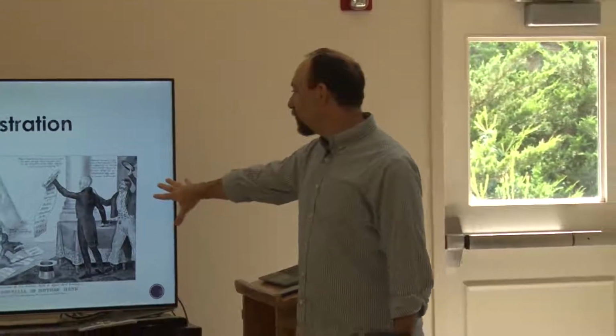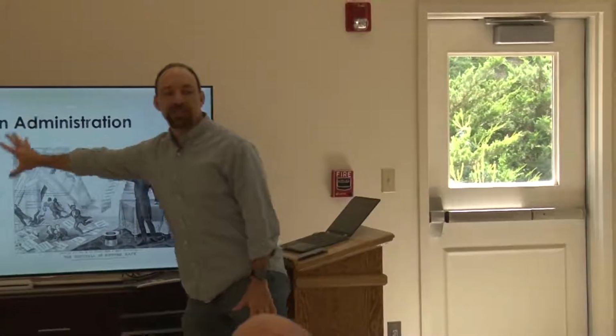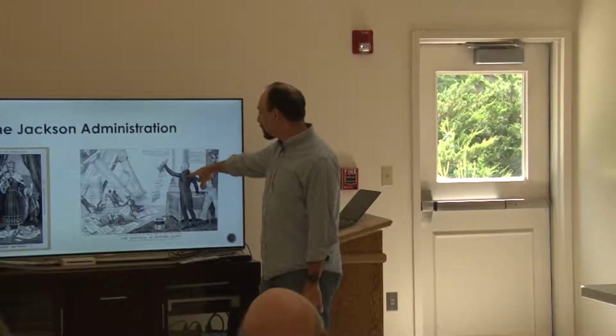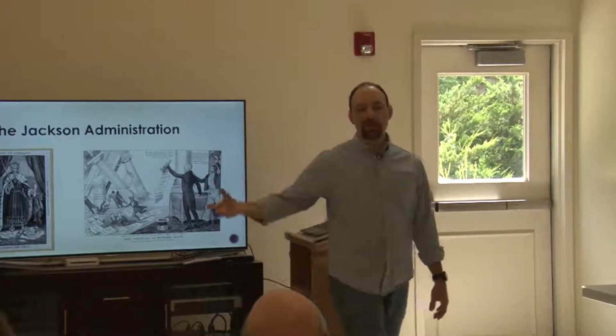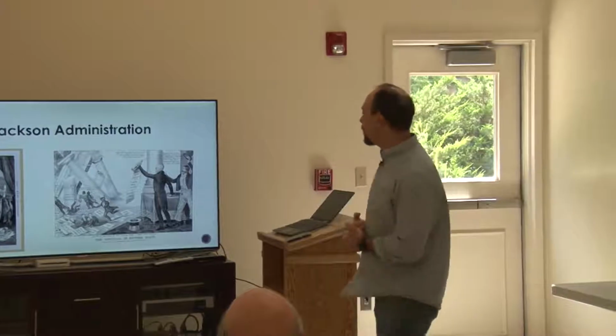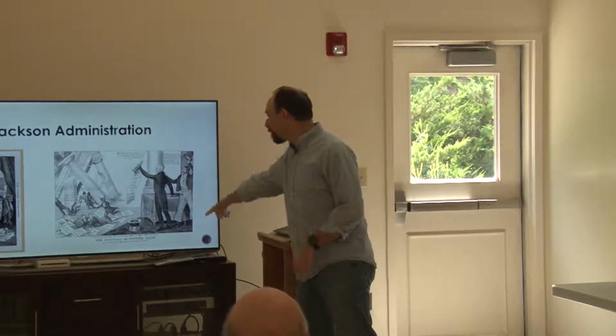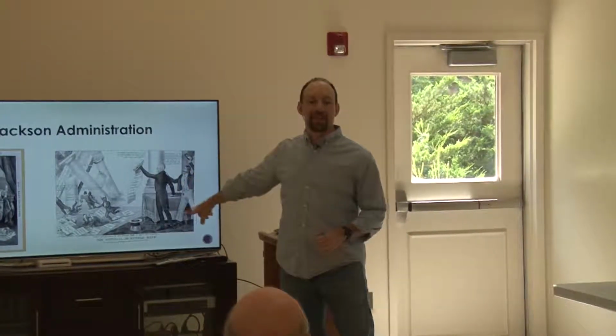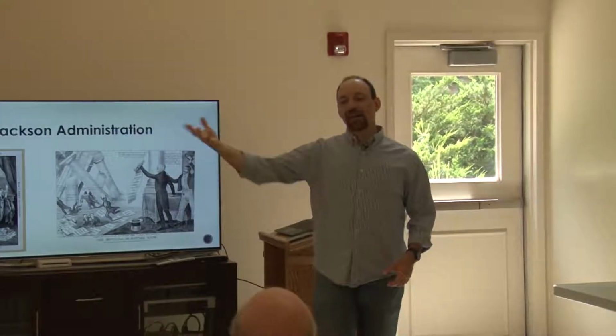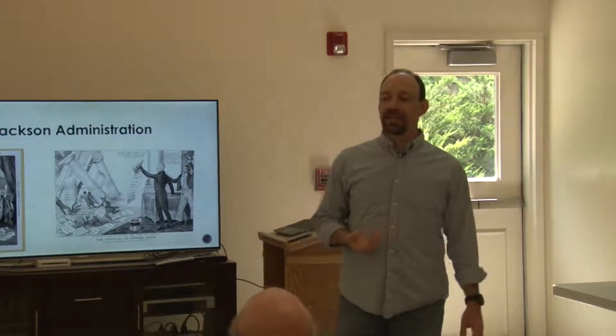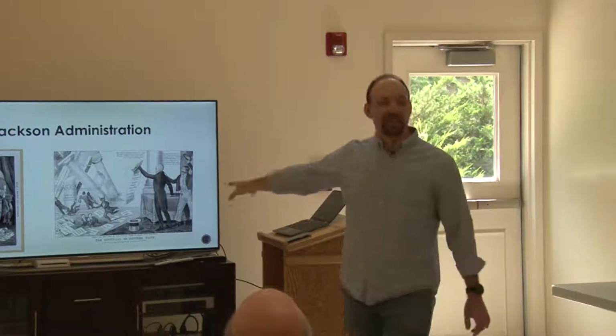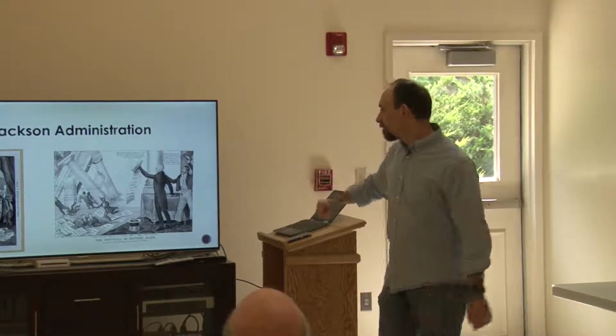What we see in this cartoon is the bank collapsing in the background. Andrew Jackson waving an order to remove public monies from the bank, being cheered by this figure over here, a guy named Brother Jonathan. Brother Jonathan, another early stand-in for the United States. He's kind of a precursor to Uncle Sam. So we see a lot of Brother Jonathan.